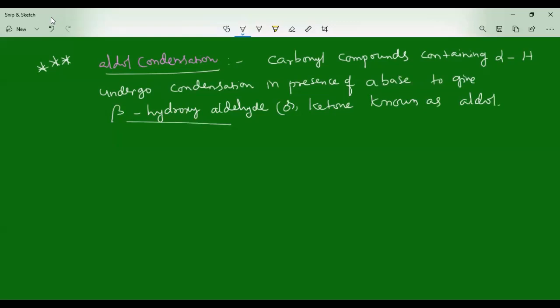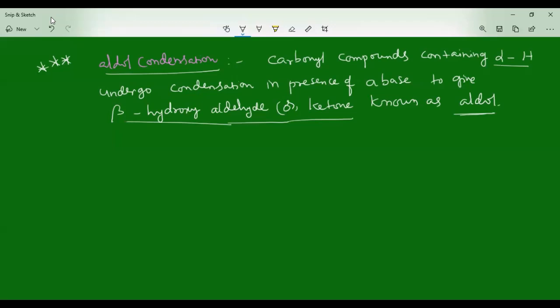Beta hydroxy aldehyde or ketone is called aldol. So once again, carbonyl compounds must contain alpha hydrogen. They will undergo condensation in the presence of a base to give beta hydroxy aldehyde or ketone.